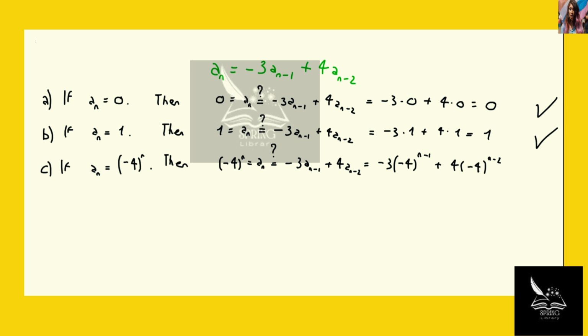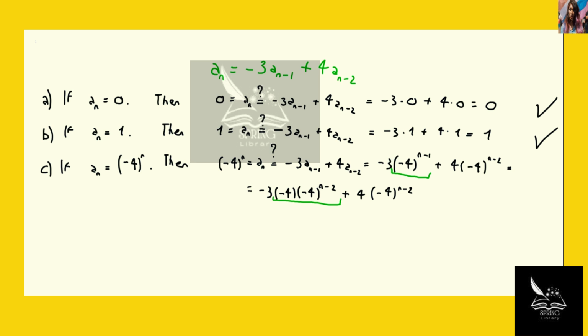The trick here is to factor some part of this formula so that we can simplify things. So we can write this as -3 times (-4) times (-4)^{n-2} plus 4 times (-4)^{n-2}, where we recognize that (-4)^{n-1} is in fact equal to (-4)^{n-2} multiplied by an additional -4, because in effect that's the definition of a power.